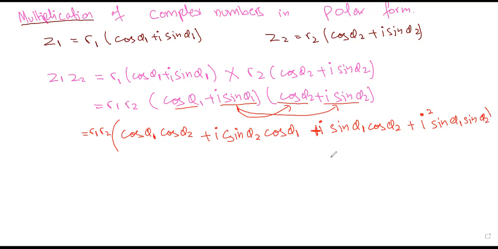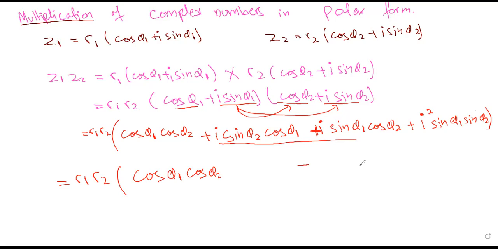Okay, let's just simplify all this. So we are going to get R1 R2 cos theta 1 cos theta 2. Okay, let's write down the terms without iota on one side and with iota on the other side. So these are the terms with iota. I'll write them here.